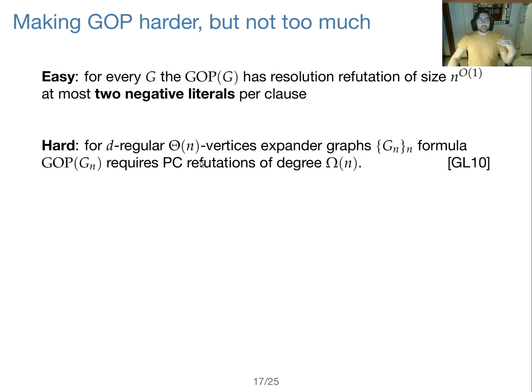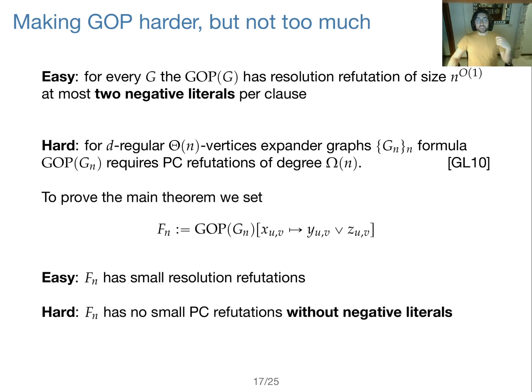From this, we will define a new formula, Fn, which is essentially the graph ordering principle formula over this expander graph, with the substitution, the lifting that we discussed before. So every variable is substituted by the OR of 2 new fresh variables.